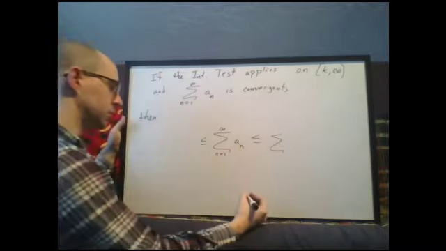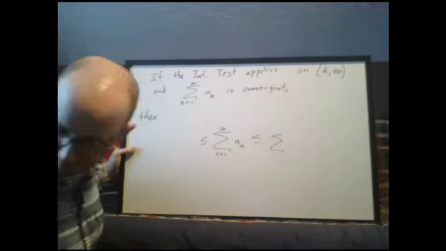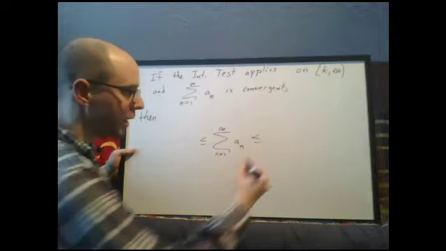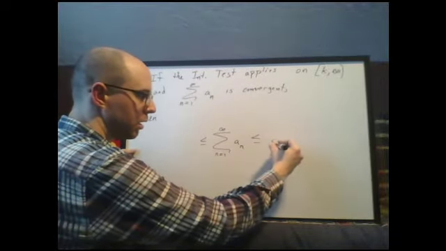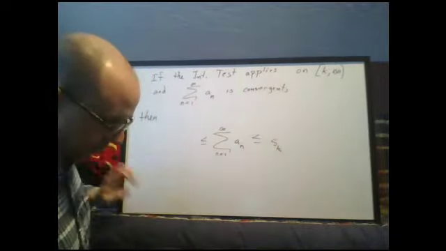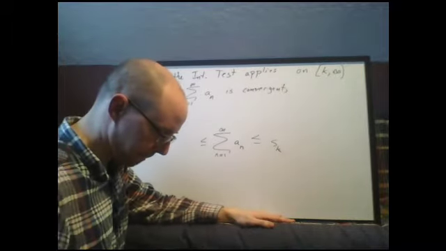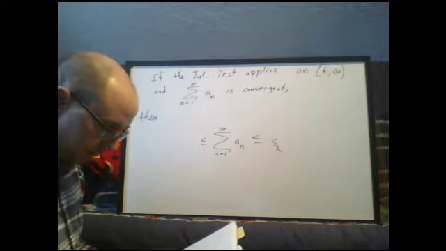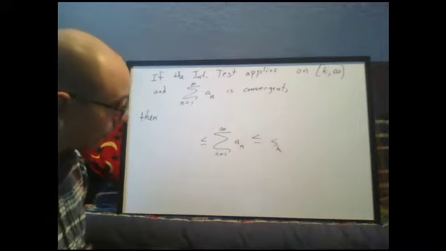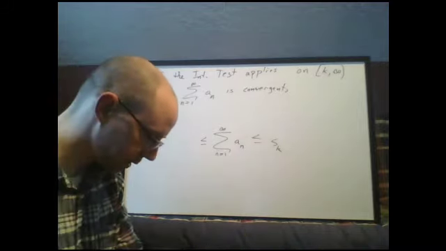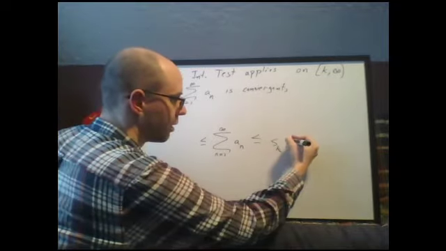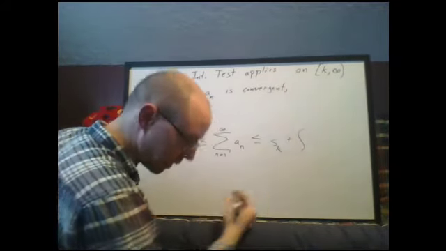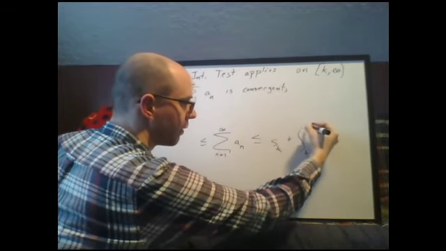It's less than or equal to the partial sum sk plus the improper integral from k to infinity.